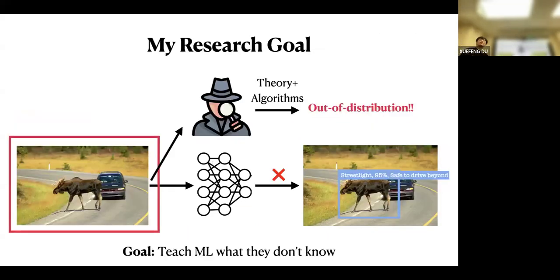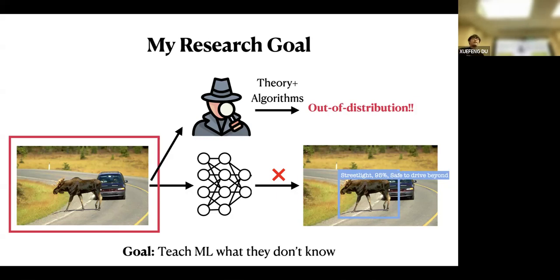My PhD research contributes to building safer and more reliable AI systems that can better handle these uncertainties. Specifically, I work on developing both theory and algorithms in order to teach machine learning models what they don't know.